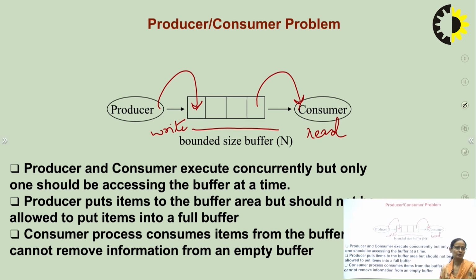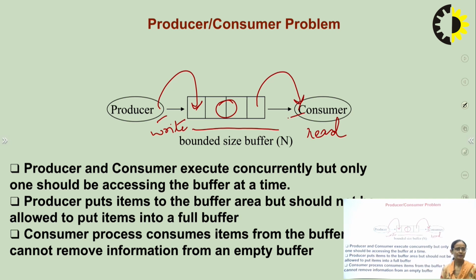So producer and consumer are executing concurrently, but only one should be using the buffer at a time. Now what will happen if both these processes try to access this buffer concurrently or simultaneously?